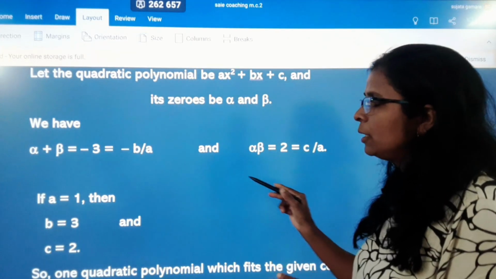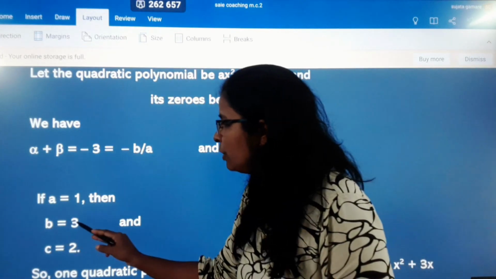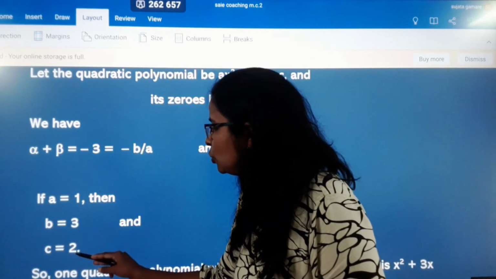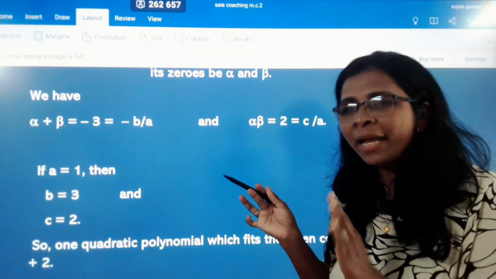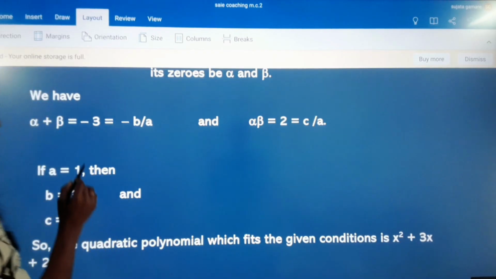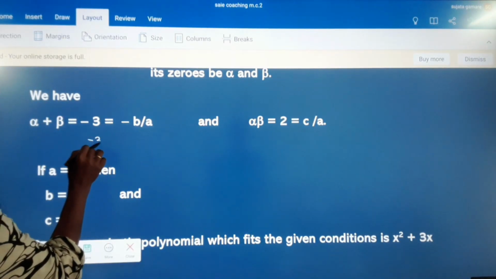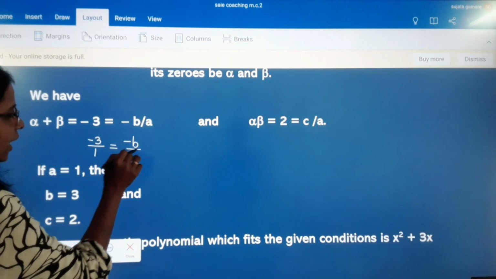So now if a is equal to 1, then b is equal to 3 and c is equal to 2. By comparison, we can say minus 3 upon 1 is minus b upon a.